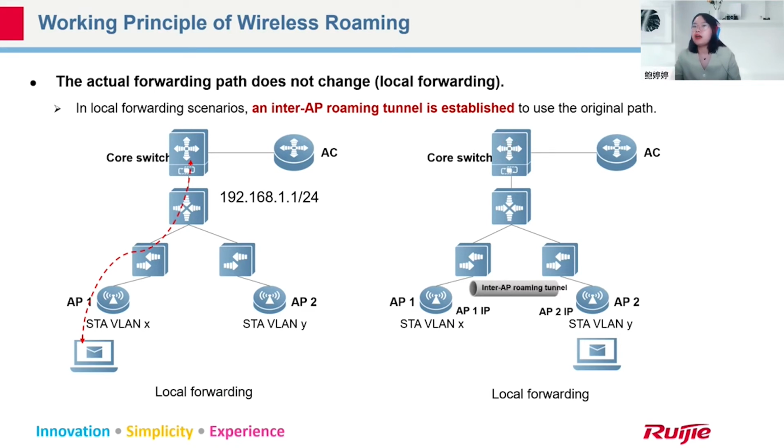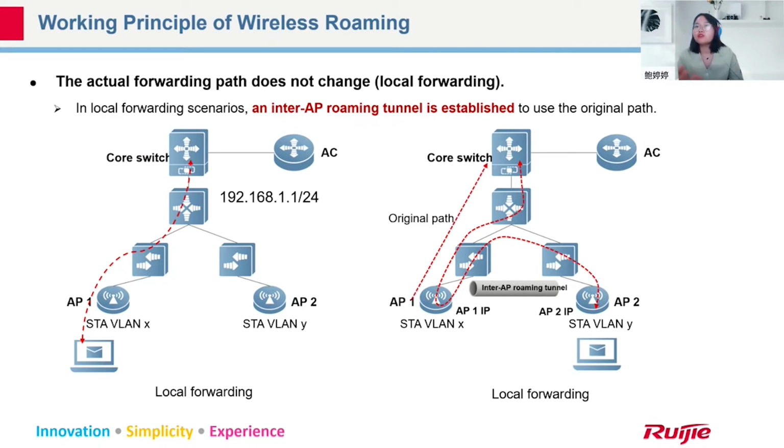But if we establish the inter-AP roaming tunnel between AP1 and AP2, the message will be sent out through AP2, and according to the roaming tunnel, I will send the message to AP1, and AP1 will directly send the message to the core switch. So this red link is the path after the roaming if we use local forwarding.